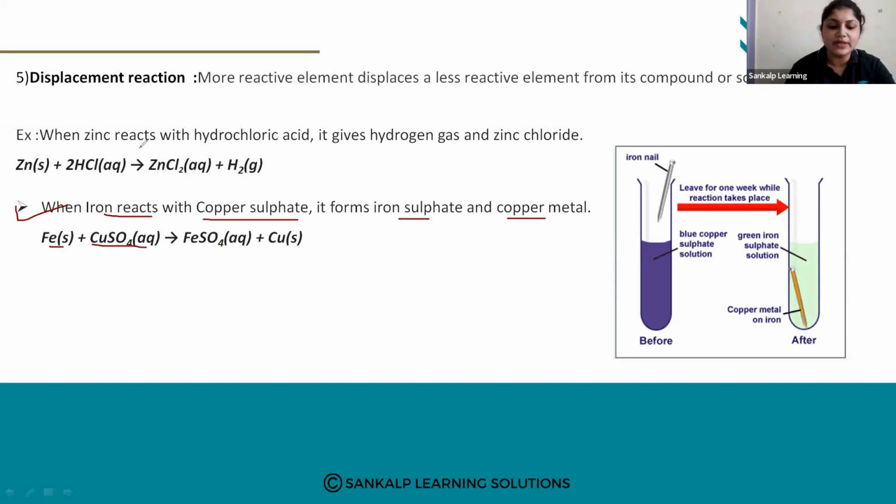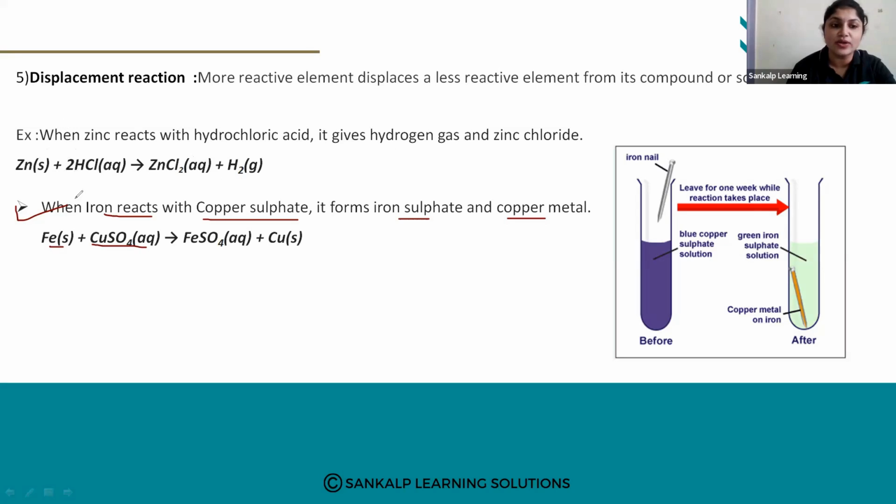Then the second displacement reaction given here is zinc. Zinc is here a solid, and HCl is hydrochloric acid, concentrated hydrochloric acid. So when zinc reacts with hydrochloric acid, the zinc displaces hydrogen, so it forms ZnCl2, and gives hydrogen gas H2.